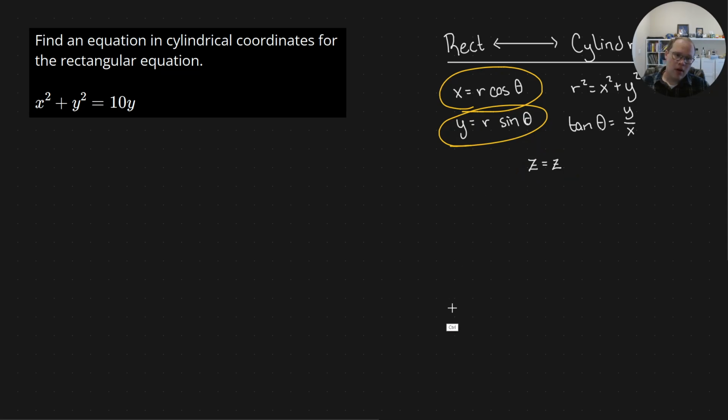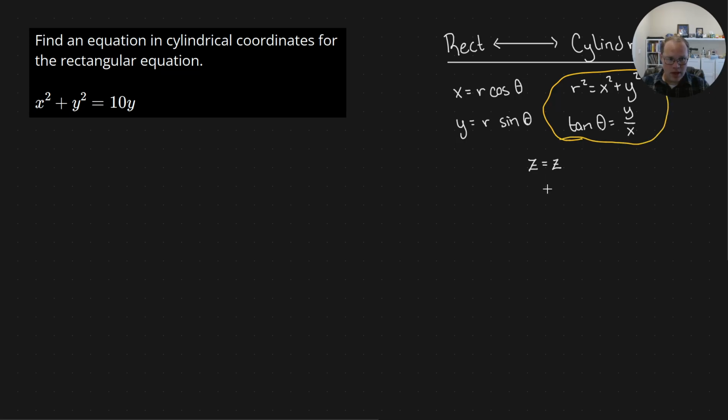Okay? So every time I see an x, I could put r cosine theta. Every time I see a y, I could put r sine theta. Every time I see a z, it's still just z. Okay? But we do have these other equations here, these other relationships, and sometimes it can make things easier.